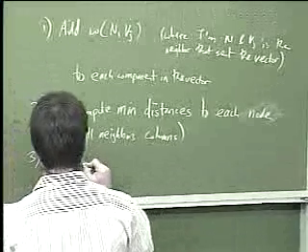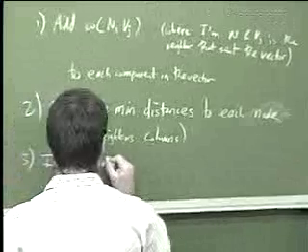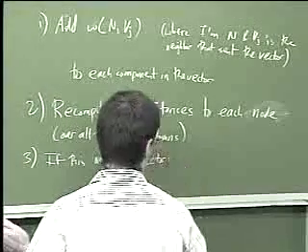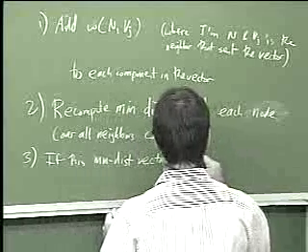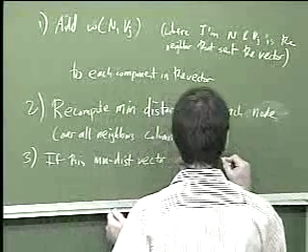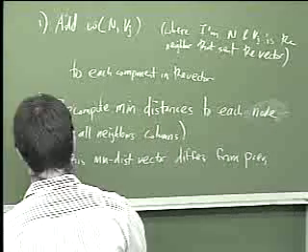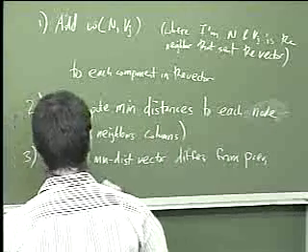If this minimum distance vector differs from previous, then send it to all neighbors.